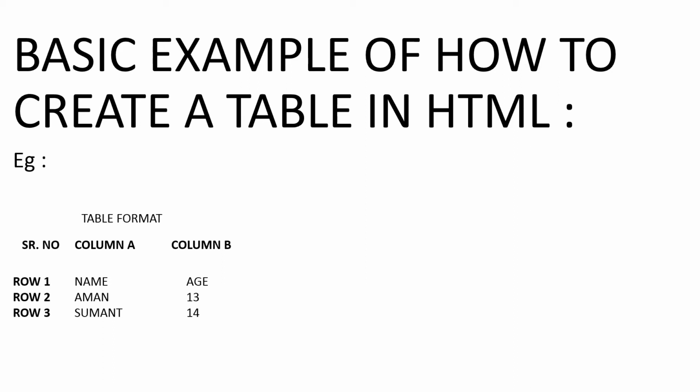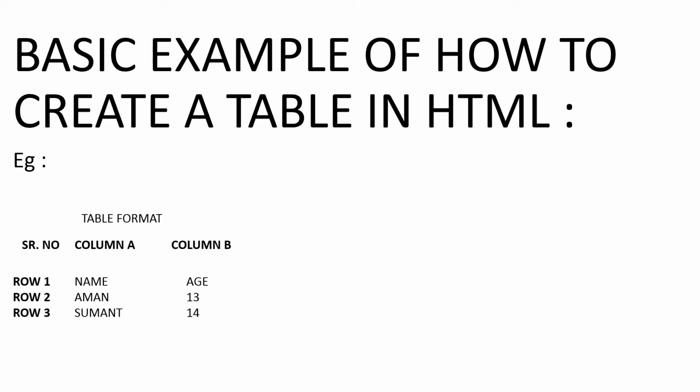So, in the first row, serial number, column A, column B are the header cells. And then next, second row, row 1, then third row, row 2, fourth row, row 3. These 6 are the header cells. So, to mention the header cells, we will use the th tag, from the tags that we have just seen.